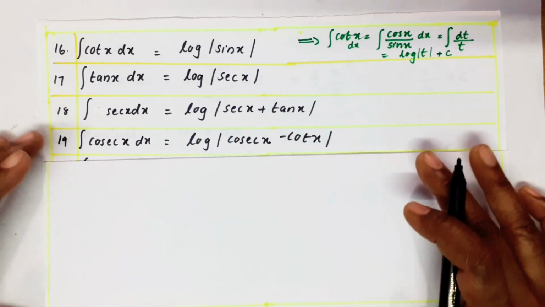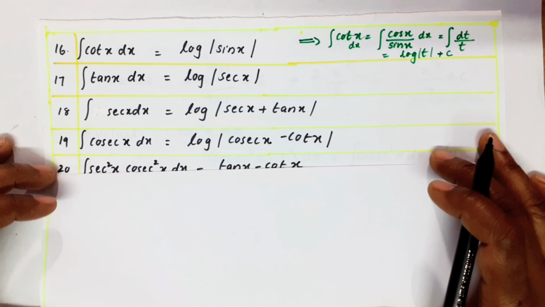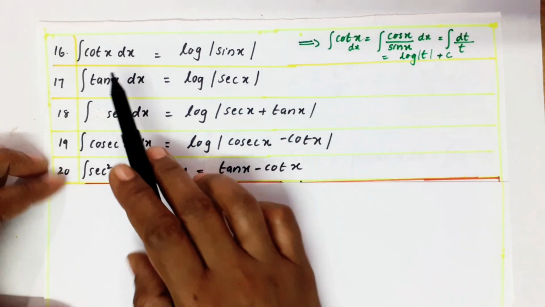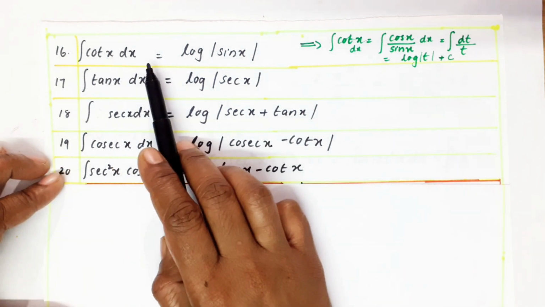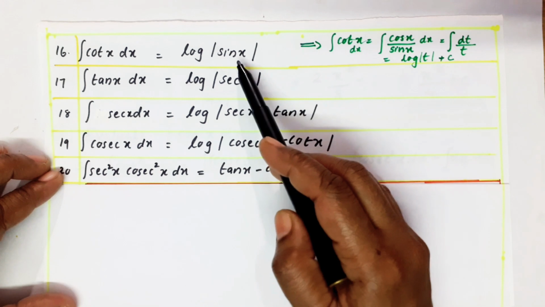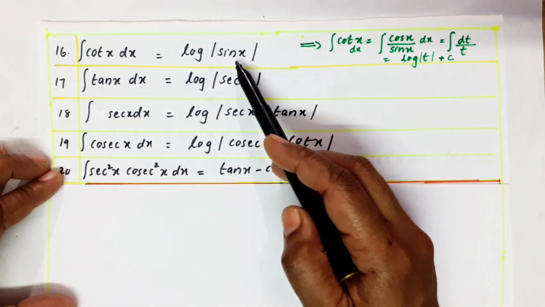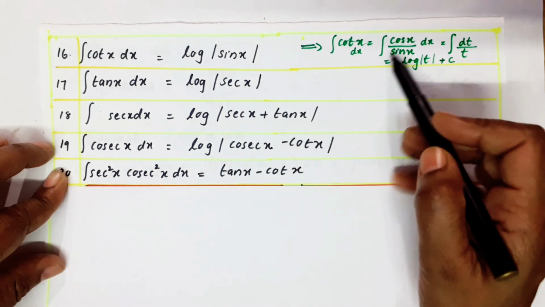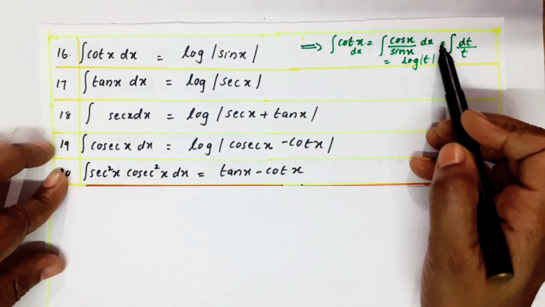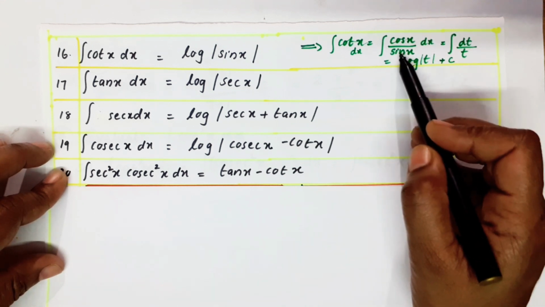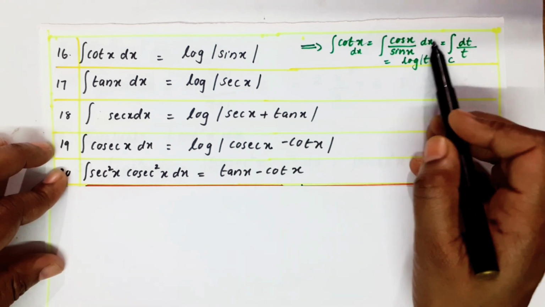See the next few results also, that is the integral of cot x dx, that is log of sin x. How we are writing this means, we know what is cot x. Cot x I can write as cos x by sin x dx. So in these types of cases, we know the derivative of sin x is cos x dx.